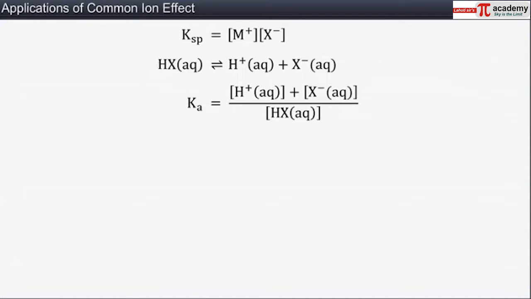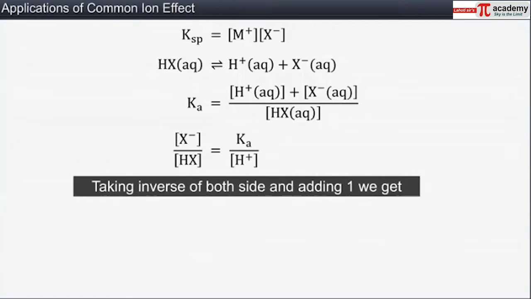On rearranging the equation, we get X- divided by HX equal to Ka divided by H+. Taking inverse of both the sides and adding 1, we get HX divided by X- plus 1 is equal to H+ divided by Ka plus 1.